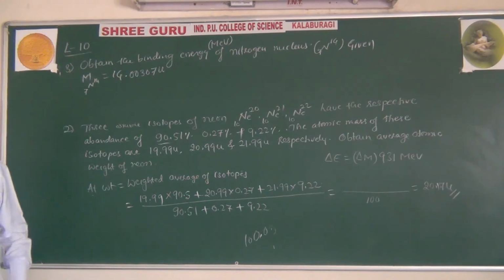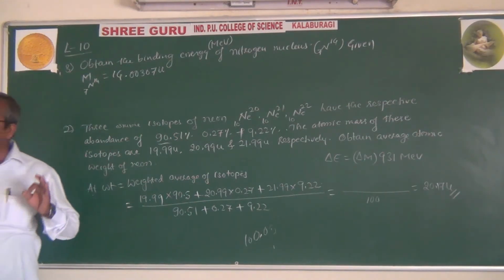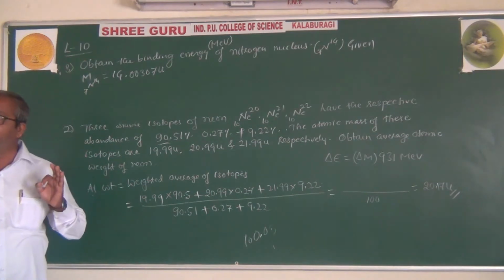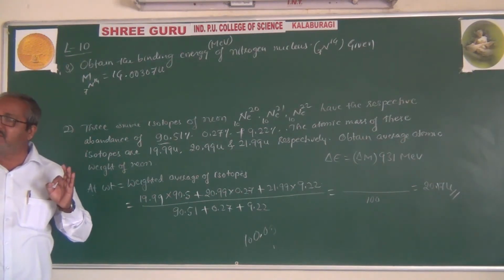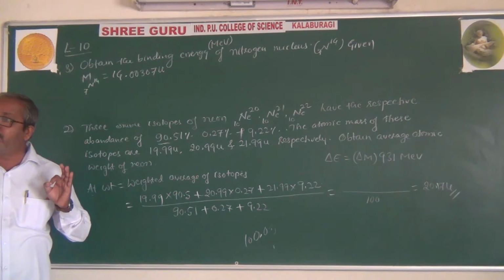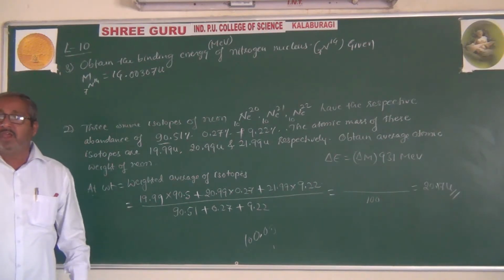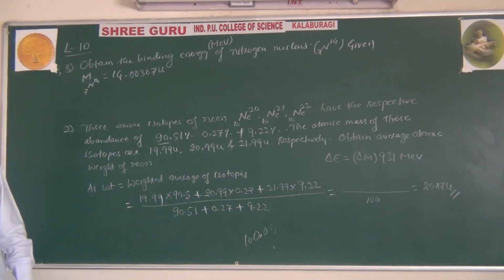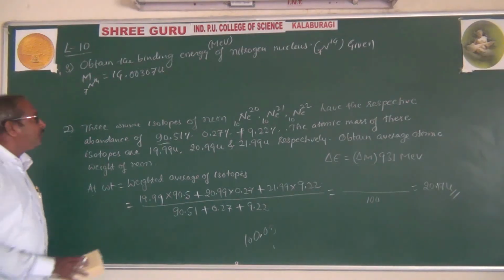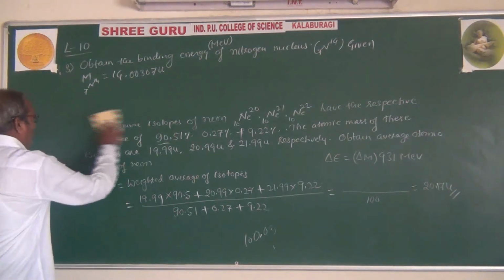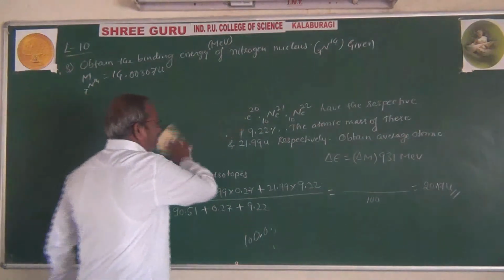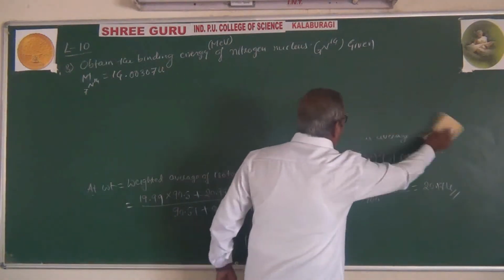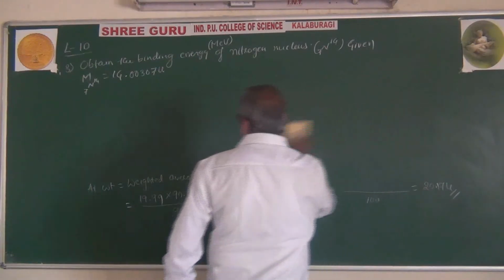So for that purpose, we have to find the mass of the constituent particles of the nitrogen nucleus. As you know, any nucleus consists of a number of protons and a number of neutrons.